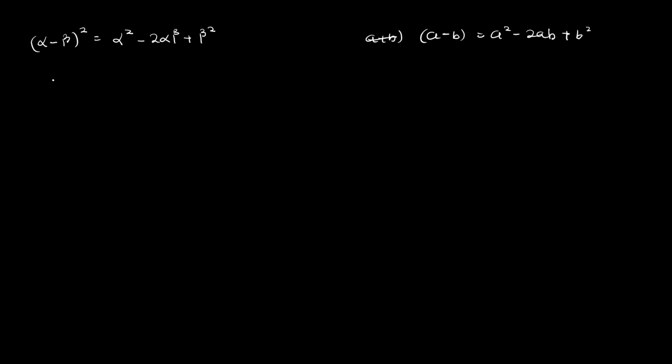So in this case, we can say alpha minus beta all square is equal to alpha square plus beta square minus 2 alpha beta, okay? So that is it. There is no square here. So our result is alpha square plus beta square minus 2 alpha beta. So let's get back to this.